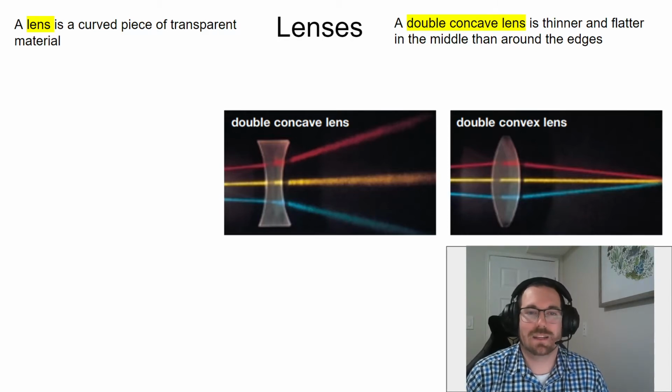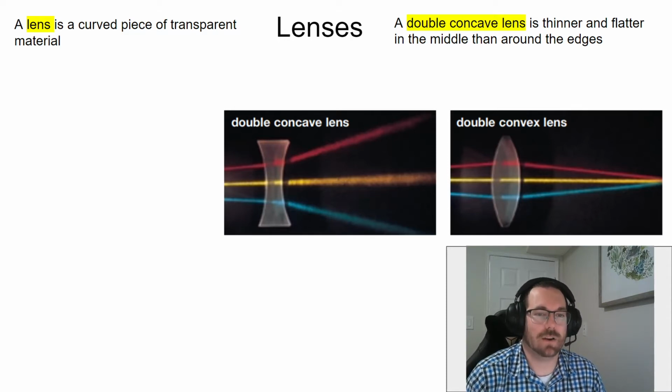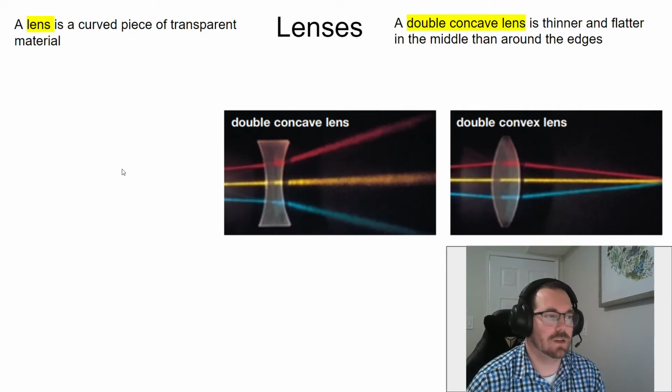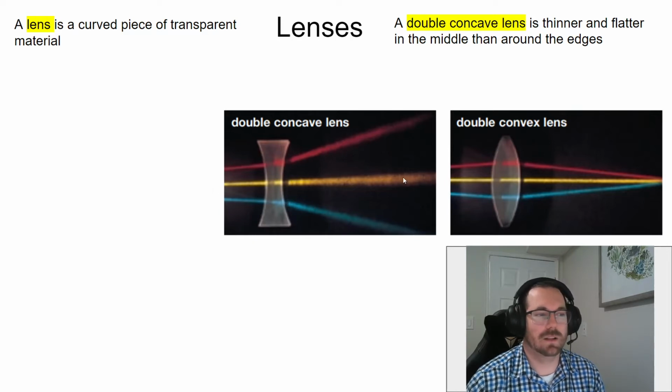Light passing through the thicker, more curved areas of the lens will bend more than light passing through flatter areas instead. So here we see the red ray. As it passes through, it's actually going to bend up, while the blue ray bends down. And the yellow ray in the middle is just hitting kind of a regular flat surface.